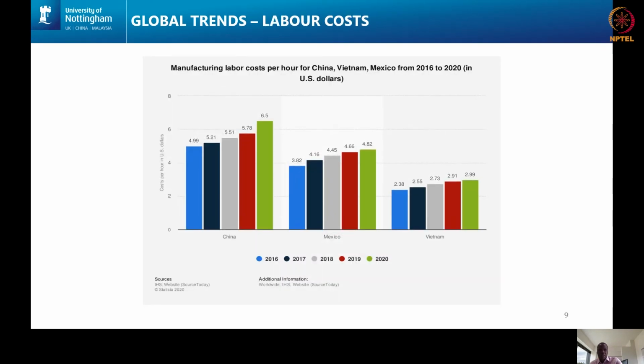And a very interesting trend to note as well is the steady rise in labor costs in the so-called underdeveloped economies. According to this report by Statista, we see a steady rise in labor costs in China, for example, from 2016 to 2020. To a lesser degree, we're seeing the same trend in Mexico and in Vietnam.